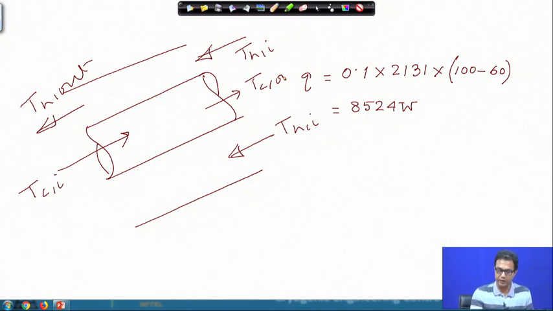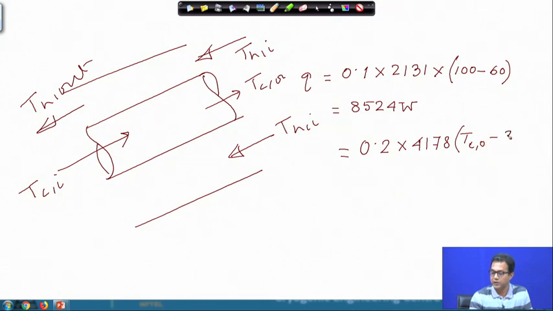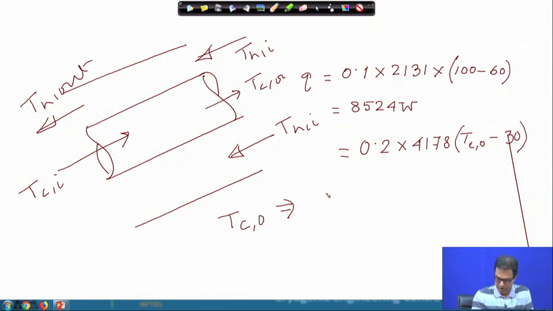Now, we can equate this one to the water flow rate 0.2 multiplied by the cold fluid specific heat, which was 4178, multiplied by TC out minus TC in, which is 30 degree centigrade. So, this will make TC exit to be 40.2.